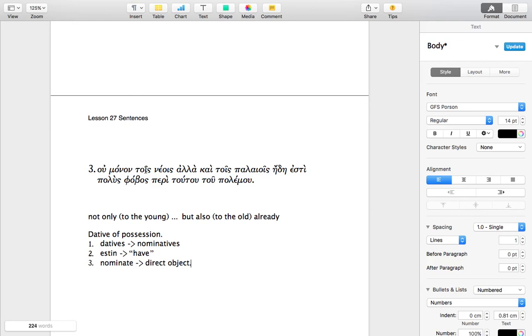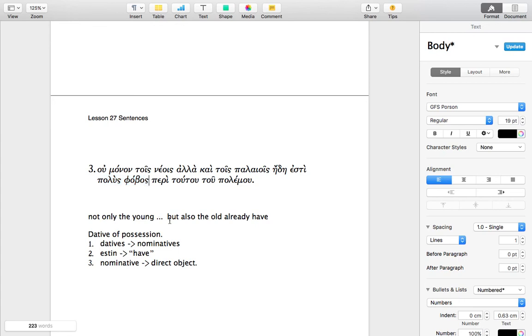Well, let's change our datives to nominatives. So not only the young, but also the old, already, and then esti becomes have, and then the nominative. The nominative here, Paulus phobos, is going to become the direct object.